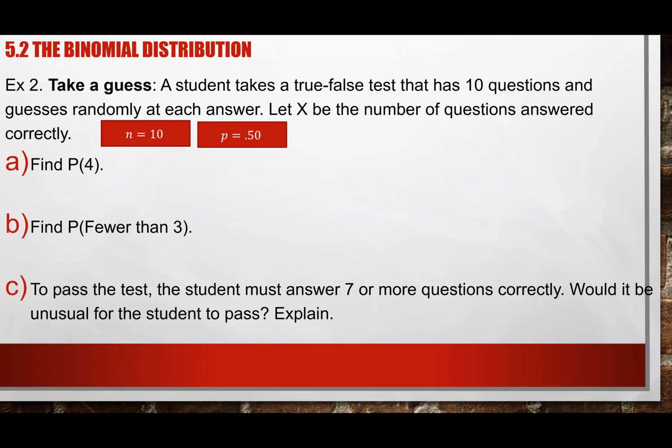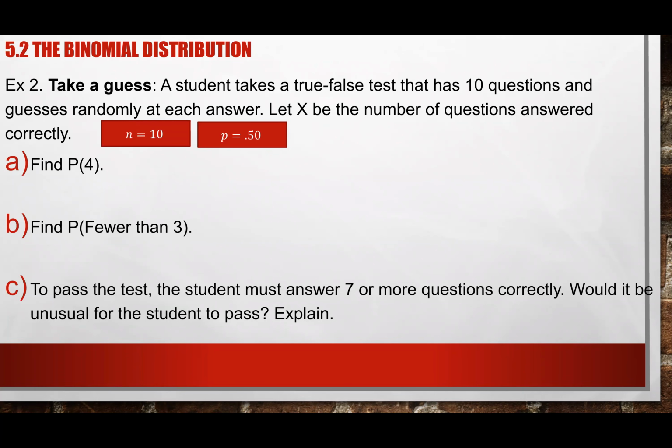On your homework, if they're talking about a multiple choice question, make sure you check how many choices you have. If a multiple choice question has 4 choices and one of them is correct, which is 1 out of 4, the probability of guessing it correctly is 0.25 or 25%.